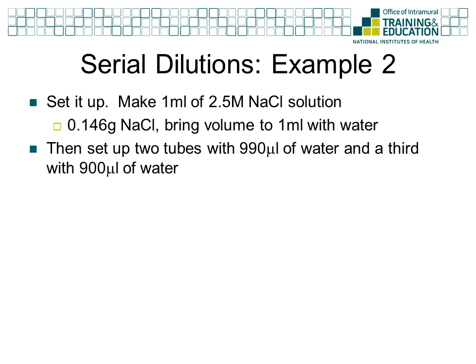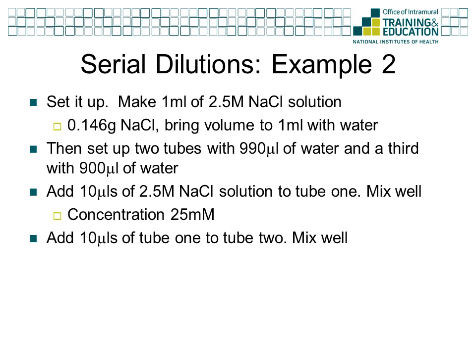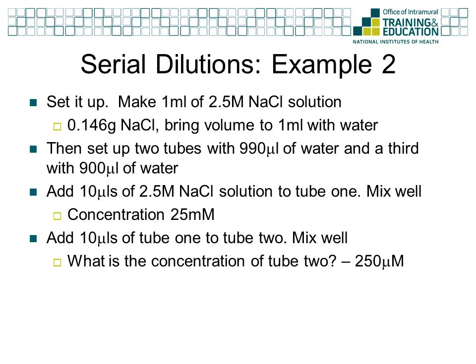Just like before, add 10 microliters of the 2.5 molar NaCl to tube 1 and mix well. The concentration is now 25 millimolar. Then, add 10 microliters from tube 1 to tube 2 and mix well. What concentration do you have now? 250 micromolar. This is an important step to double check and make sure your plan will work.